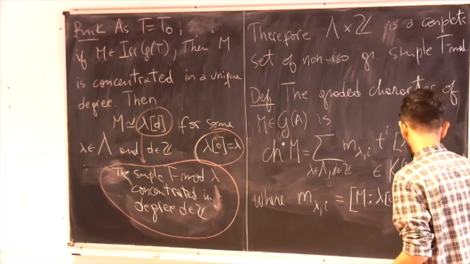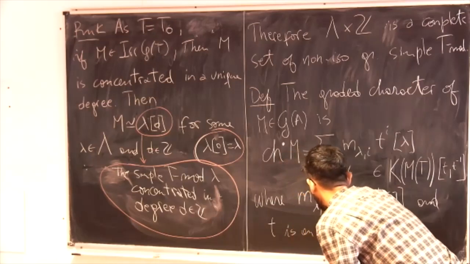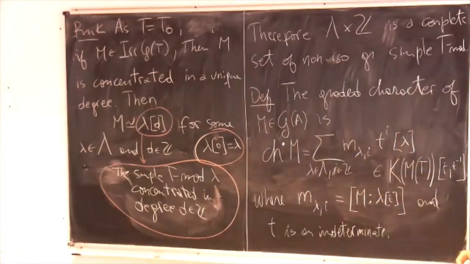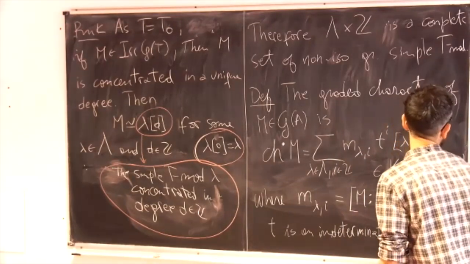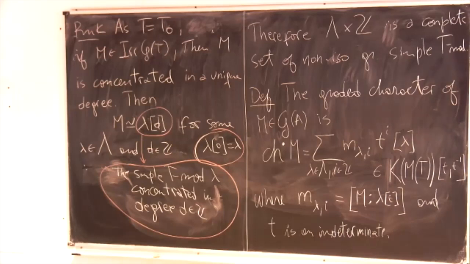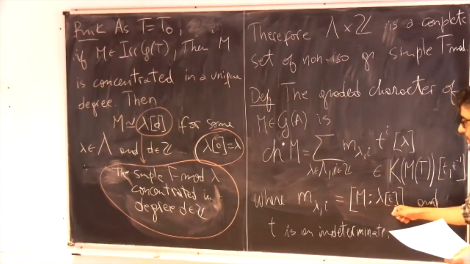And t is an indeterminate, so these are like polynomials. If you have any question, you can ask. So these are the number of composition factors of M which are isomorphic to lambda in degree e.